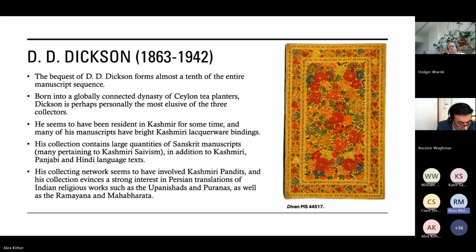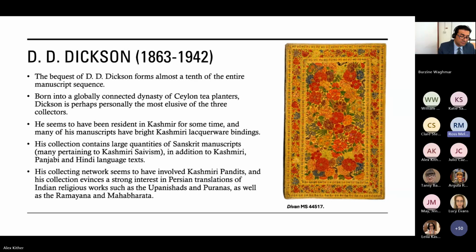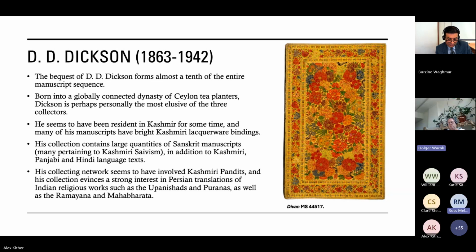The collection itself contains very large quantities of Sanskrit manuscripts, many of which pertain to specifically Kashmiri forms of Shaivist devotion, as well as Kashmiri, Punjabi, and Hindi language texts more broadly. His collecting network, interestingly, seems to have involved various prominent Kashmiri pandits, and the collection evinces a strong interest in this intercultural encounter that was taking place in Kashmir at the time.